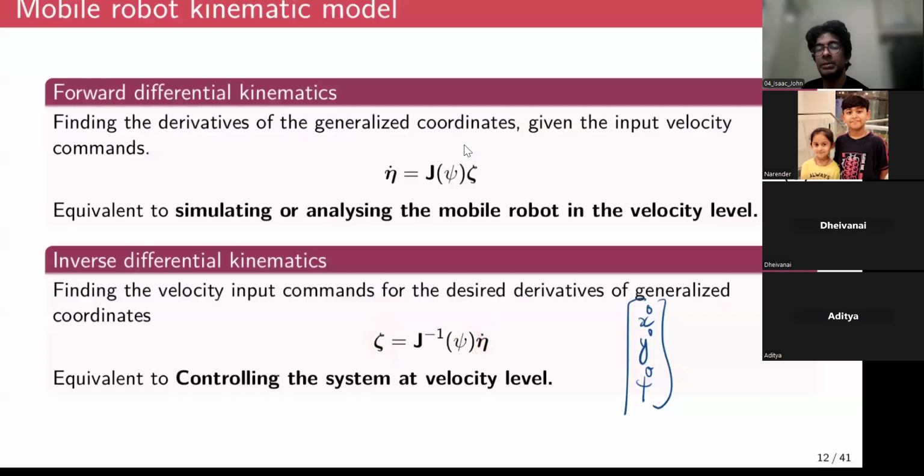So what we do is find the inverse of the Jacobian and multiply that with our desired vector. This is similar to controlling the system at velocity level. Earlier it was simulating and now it's controlling. We want a desired trajectory, what should be the input? That is basically controlling the robot at velocity level.